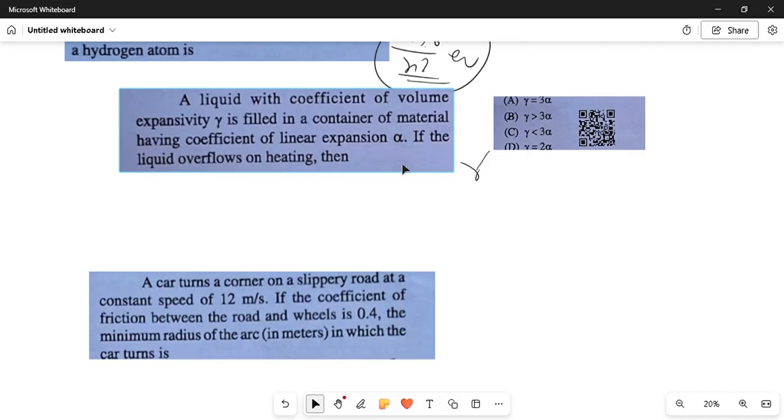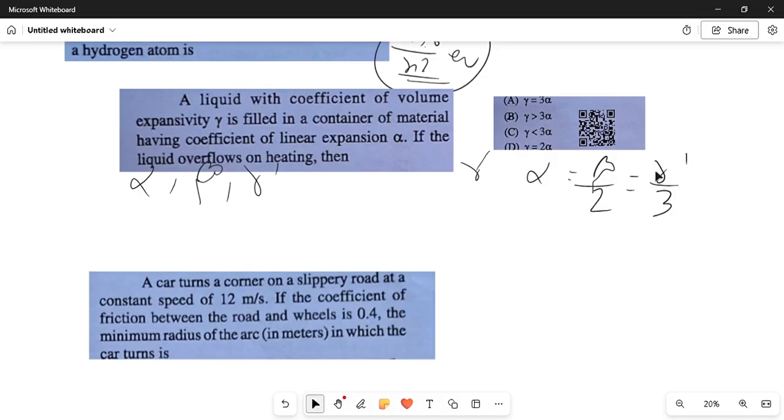This is a question from class 10, I think. For a solid, we know that if linear expansion is alpha, areal expansion is beta, and volume expansion is gamma prime, then the relation among these three is alpha equals beta by 2 equals gamma prime by 3.